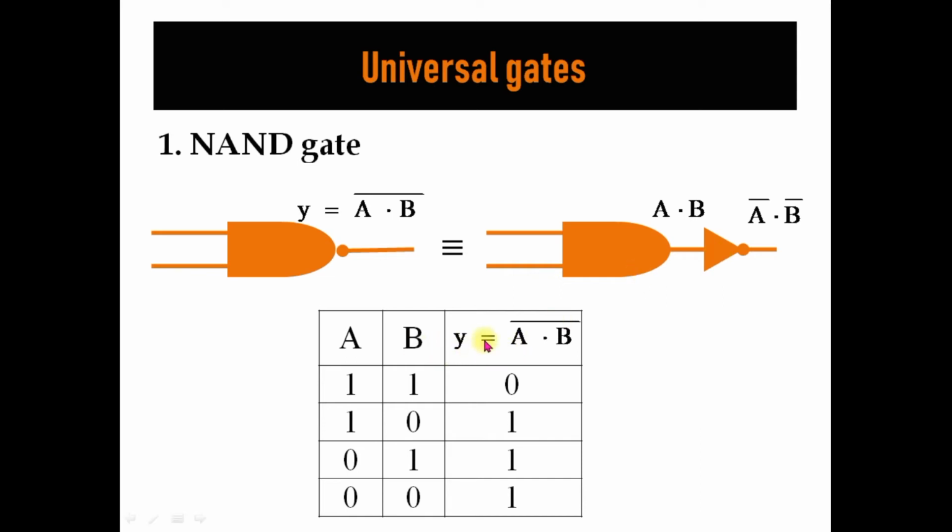This is the truth table for this circuit. If either of the inputs is in low state, then the output is in high state.